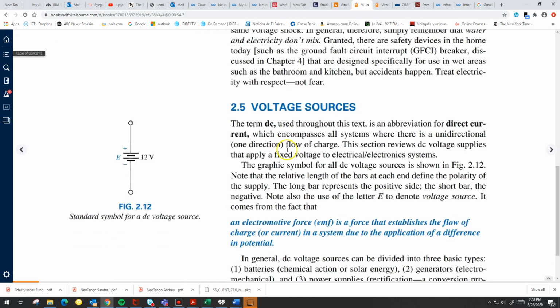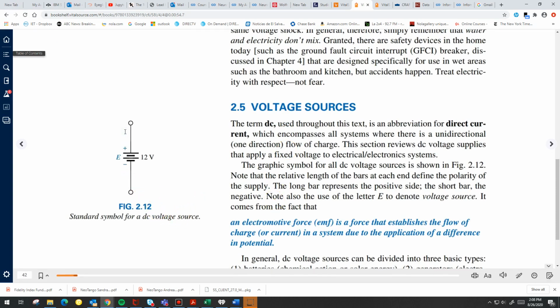Okay, so now we're going to move to voltage sources. On the left, you see the symbol we use for voltage sources, or just for a battery, a DC voltage source, right? There are a few different ways of representing this. You can have just 2 bars, or 4 bars, but normally it's 2 bars that you see like in this.